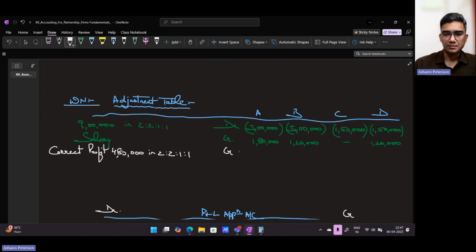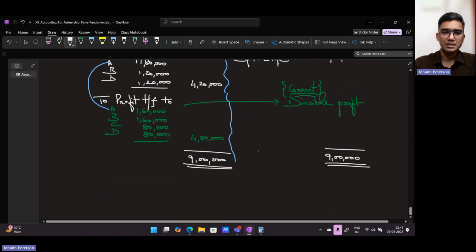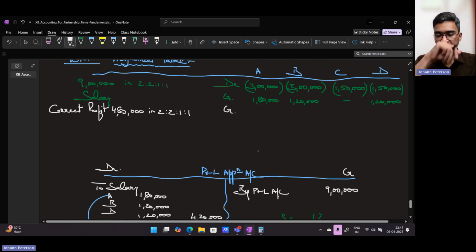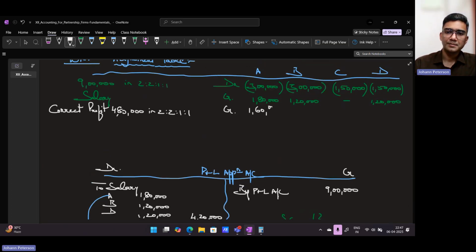We are crediting it. We are giving this profit. So the amounts we saw were 160, 160, 80, and 80. So 160, 160, 80, and 80. Now let's take out our net effect.